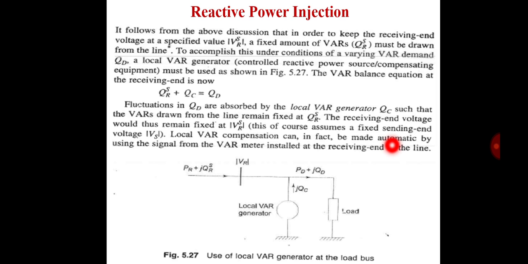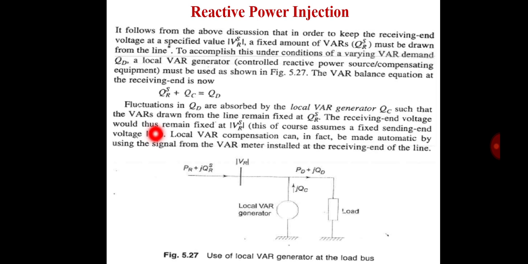In reactive power injection, two methods are used: static VAR generator and rotating VAR generator. Now we see the reactive power injection.